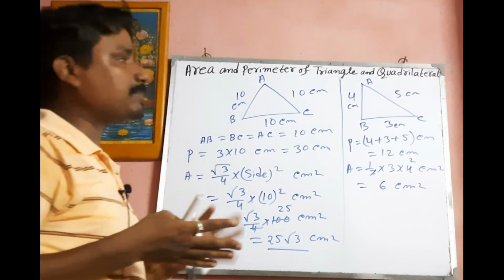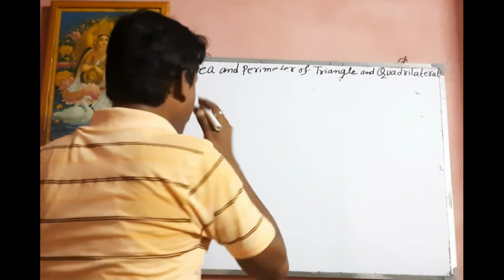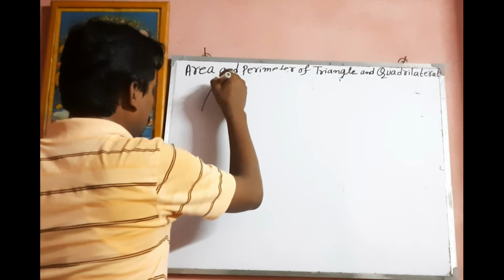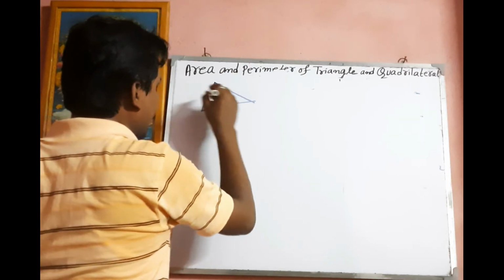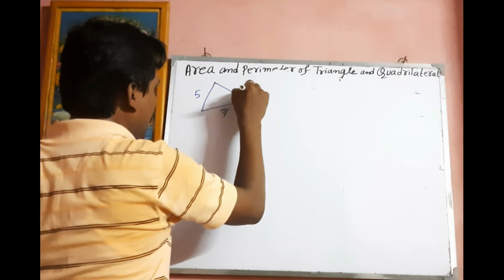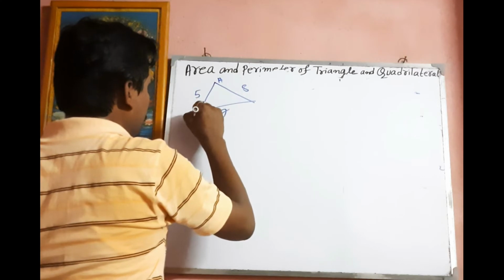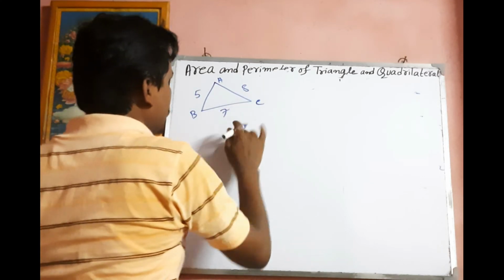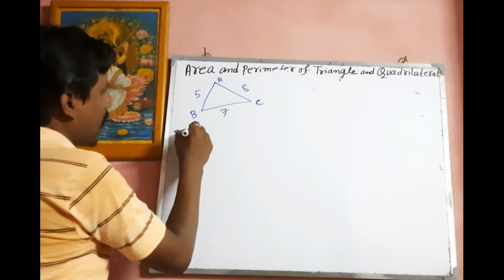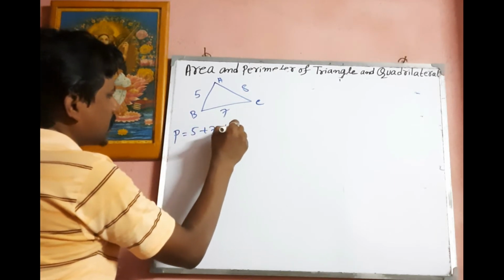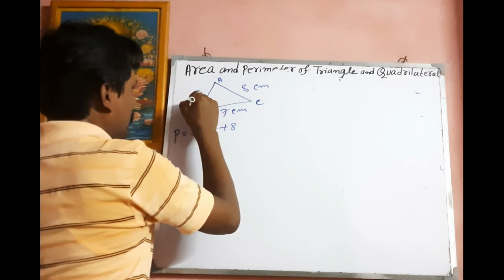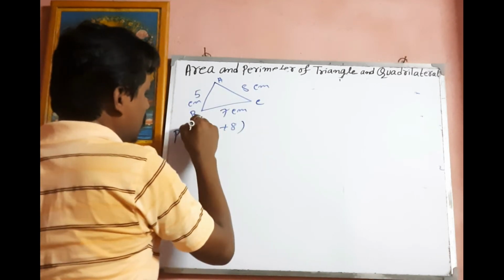Now another type of triangle is here. Suppose this is a scalene triangle, and this side is 5, this is 7 and this is 8. So ABC is a scalene triangle. Then the perimeter of the scalene triangle is 5 plus 7 plus 8. If we take centimeter as the unit, then this will be centimeter.